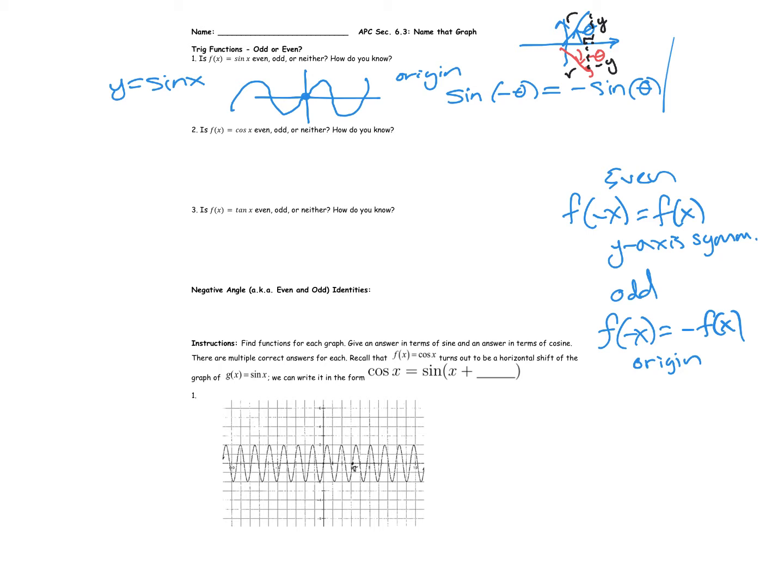Well, if we think about cosine, let's first think about what the graph of cosine looks like. Cosine of x starts at its highest value along the y-axis, and then goes down on either side.